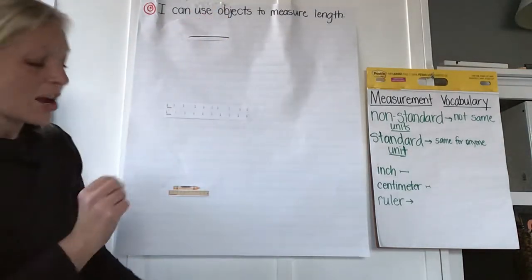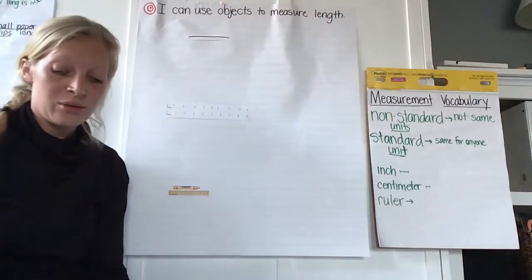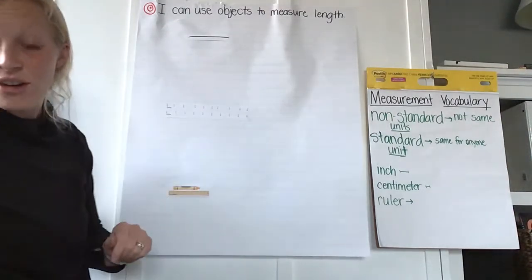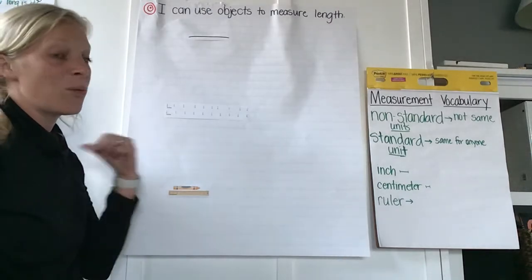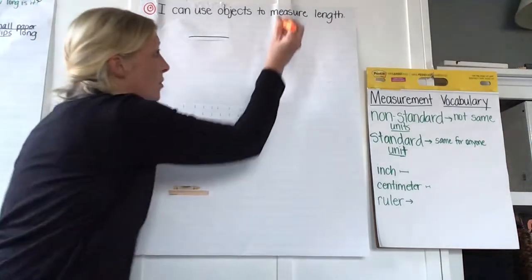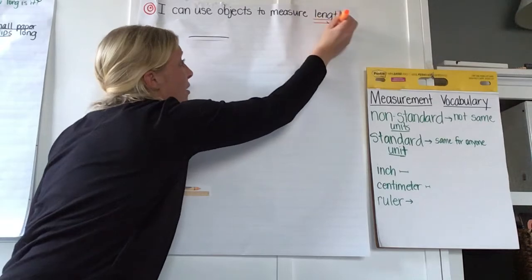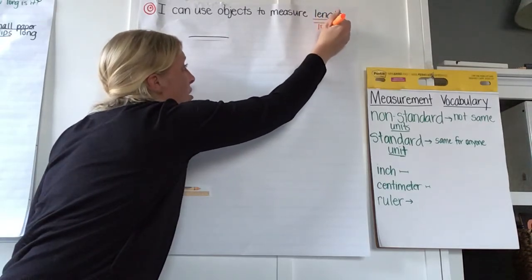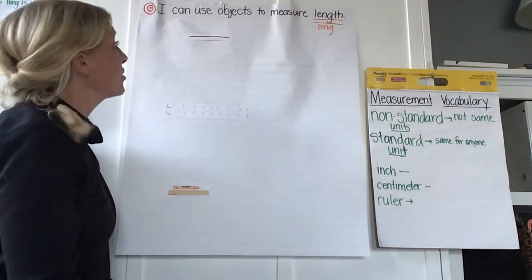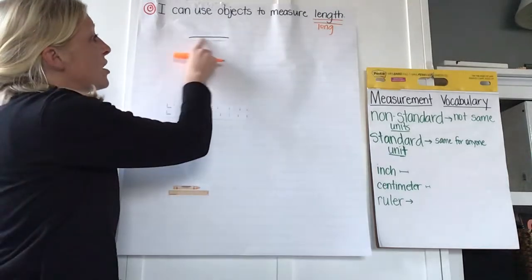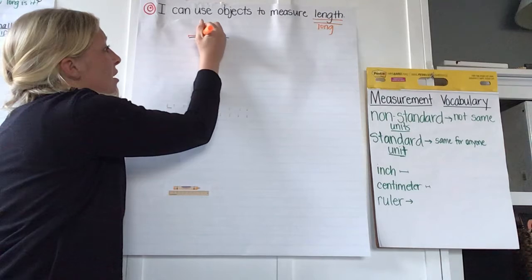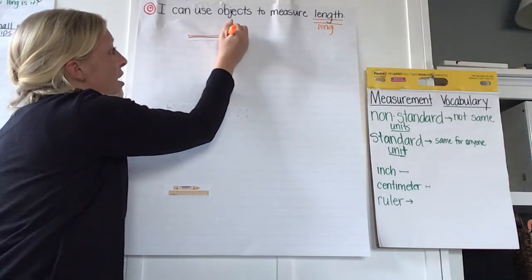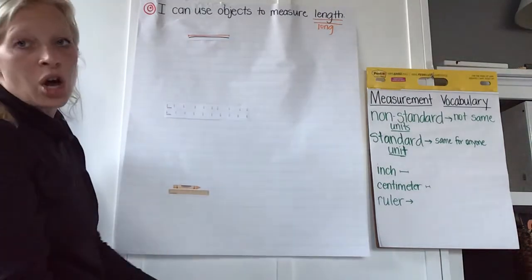I can use objects to measure length. Now friends, we know from yesterday that our objects are going to be a little different today as they were last week. When we're measuring our length, we're measuring how long something is, right? So if I'm measuring this guy right here, I'm seeing from the beginning to the end, how long is it?